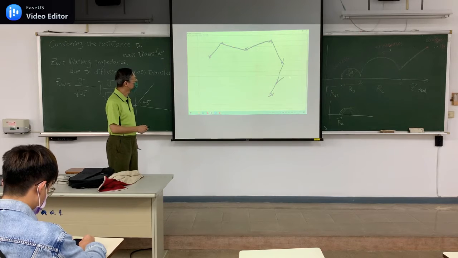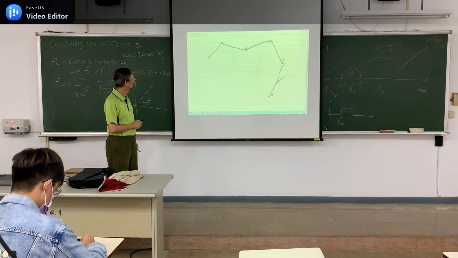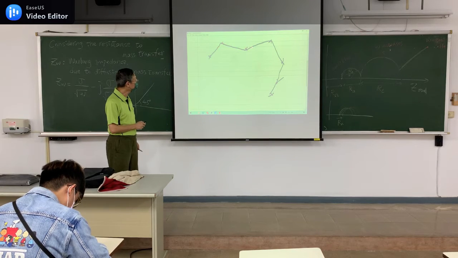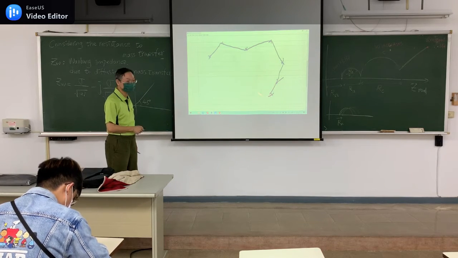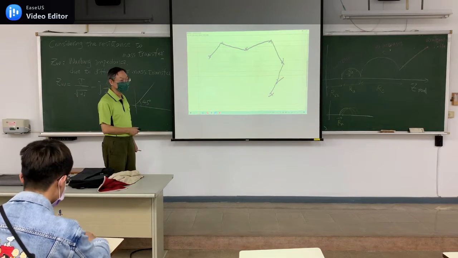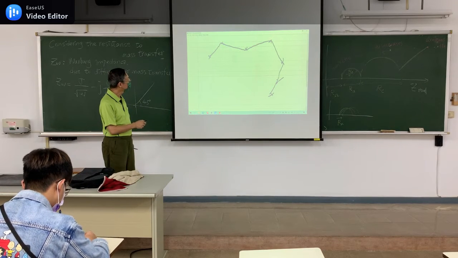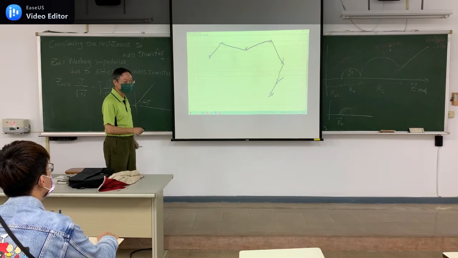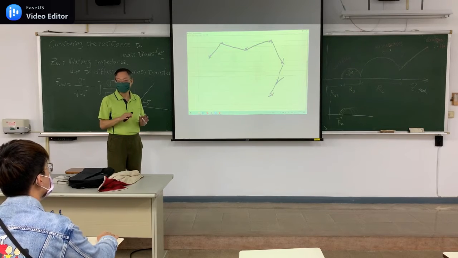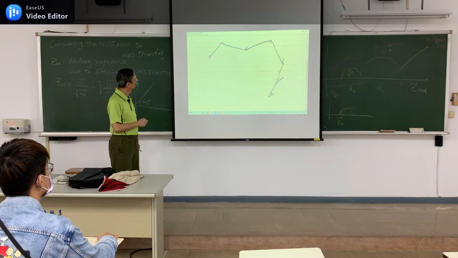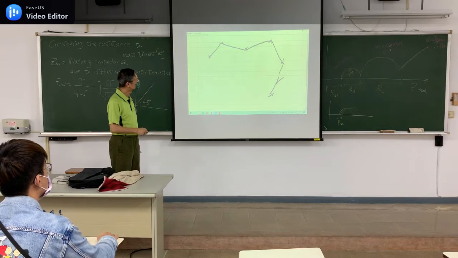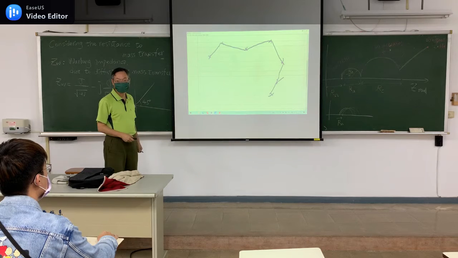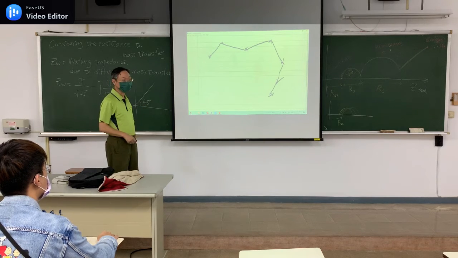So in between, what is the velocity? We can accelerate to some constant speed, follow the constant speed, and finally decelerate to zero. Something like this. But there are some corners, and normally at a corner you have to slow down the speed. So there are some issues we need to consider for the velocity planning. This is what we will discuss later in this chapter.